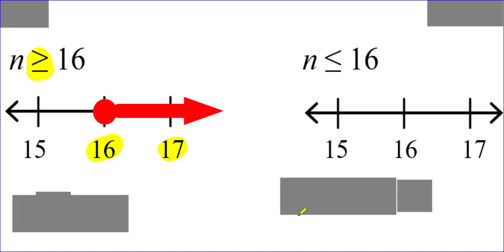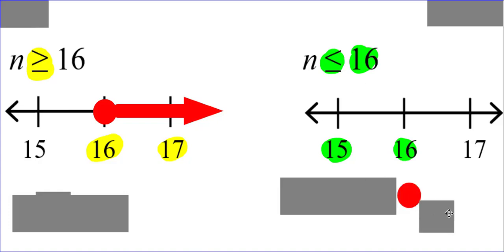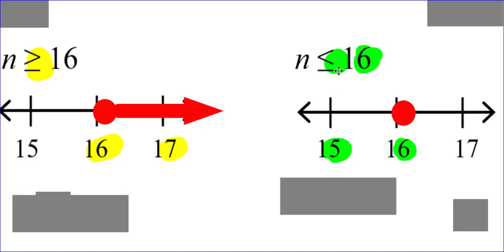So that's how the graph would work for n greater than or equal to 16. What if n is less than or equal to the 16? Well, then it could be things like 15, but it could equal the 16 because it has the equal to bar. So again, we're going to put a filled in dot at the starting point anytime the symbol has an equal to bar, this line underneath. That's when you're going to put the dot.